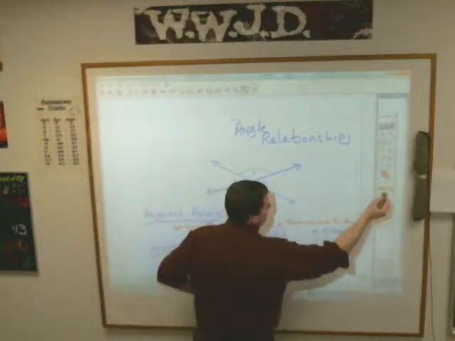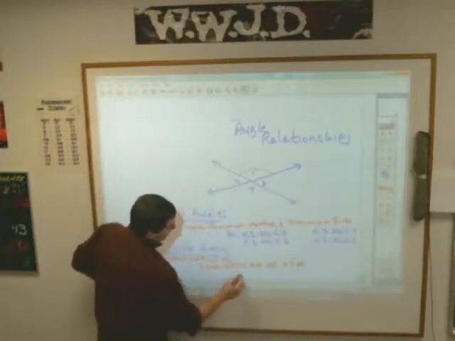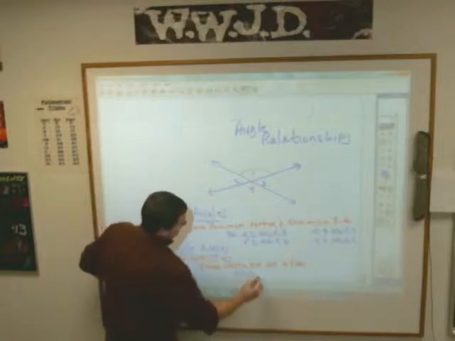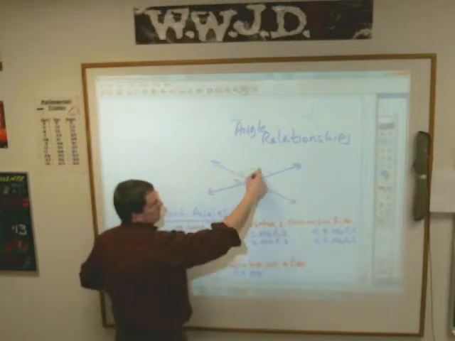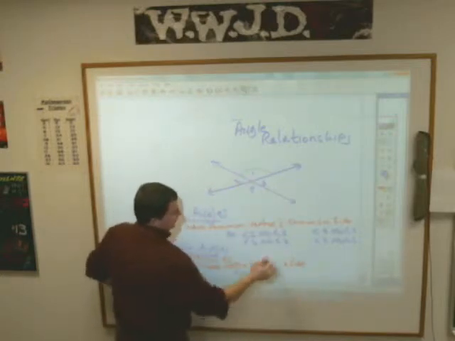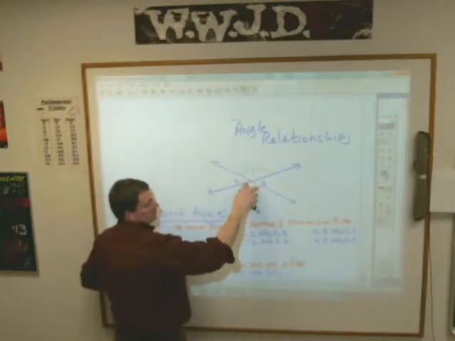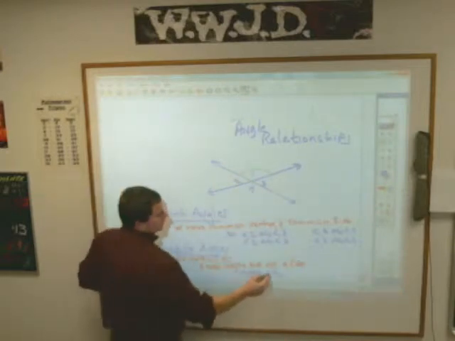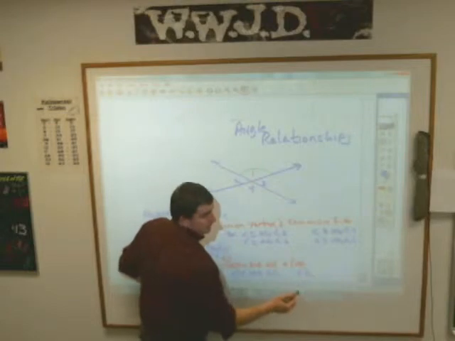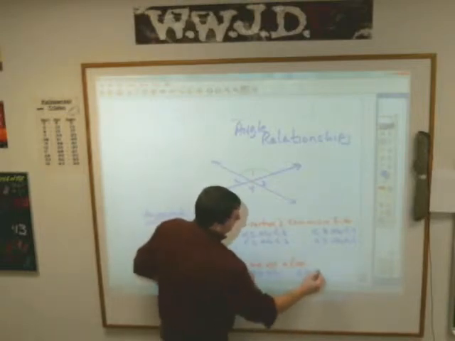For example, angle 4 is opposite of angle 1. They have the same vertex, but they don't share a side. Angle 2 is opposite of angle 3.